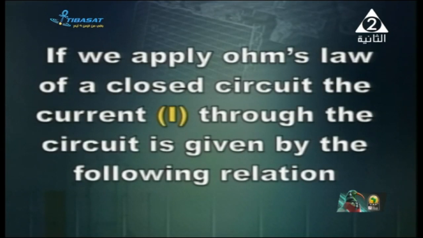So if we apply Ohm's law of a closed circuit to obtain the current flowing in the circuit, we'll obtain the following relation. Current equals, we've got two voltages: voltage of the supply and EMF induced by self-induction, so V minus L di by dt over R.